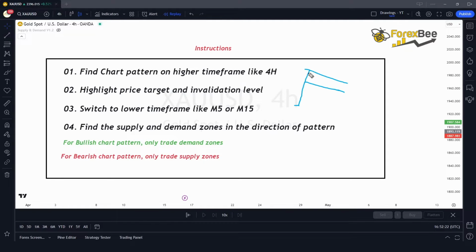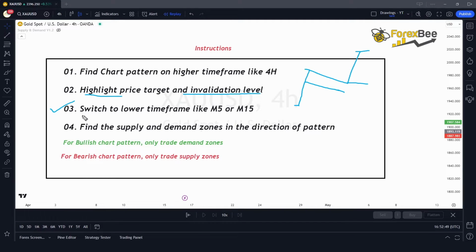So we'll copy the same thing and make our target here. The number of pips from the start to the end of the stick of this flag is what we are going to target after the breakout from this flag pattern. And this is the same thing that we're going to do in this video as well. So we're going to highlight our price targets and invalidation levels in the second step.